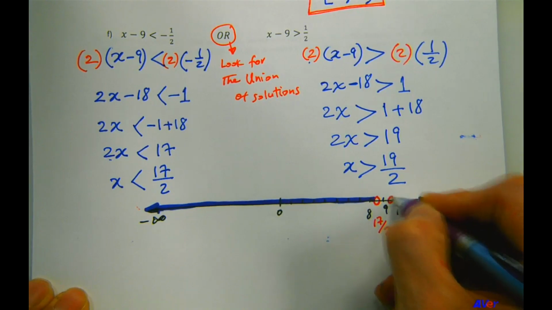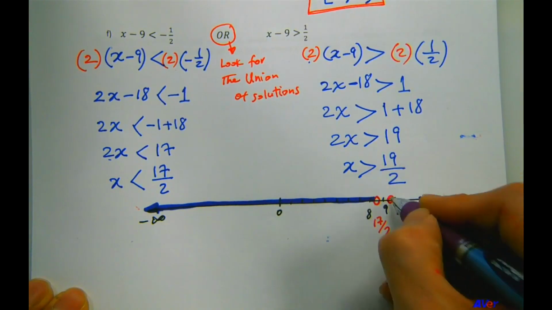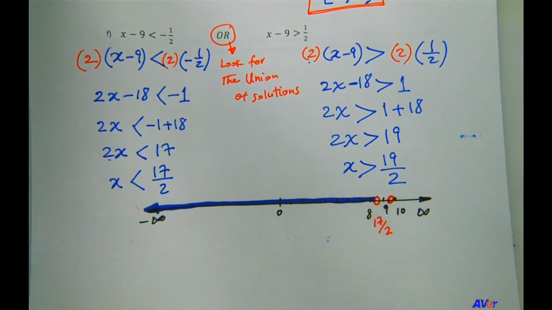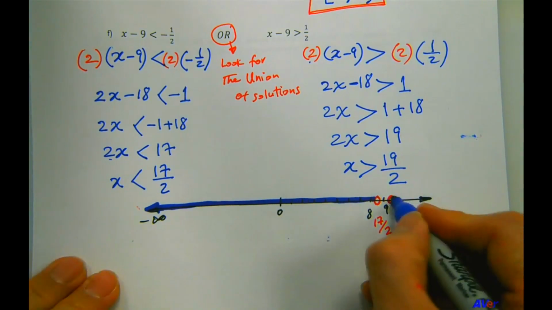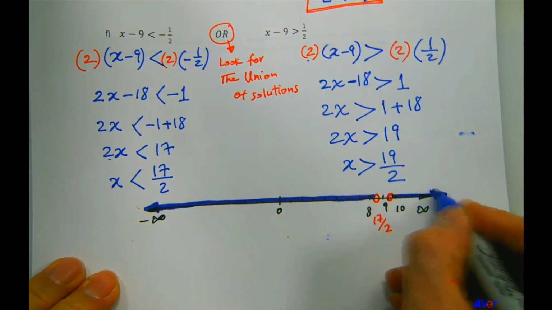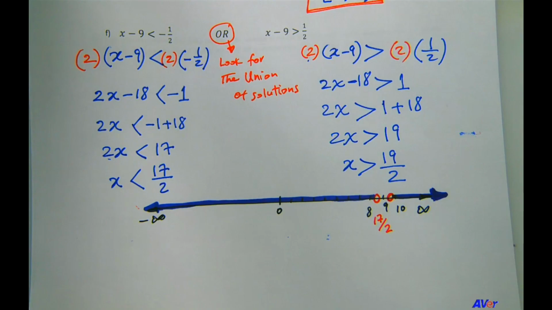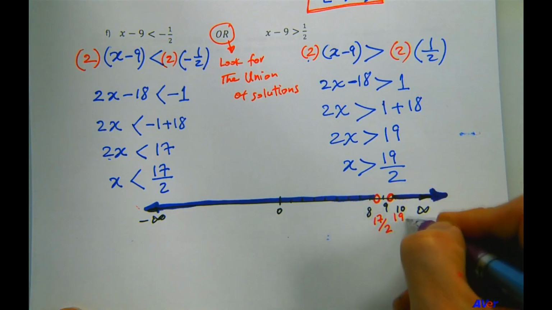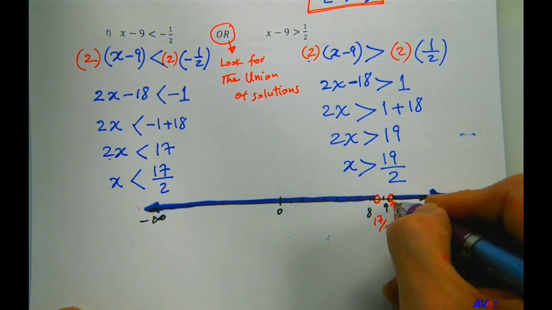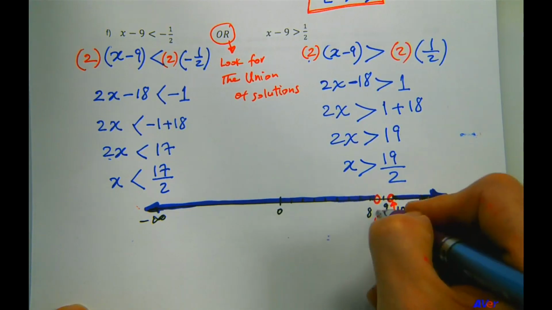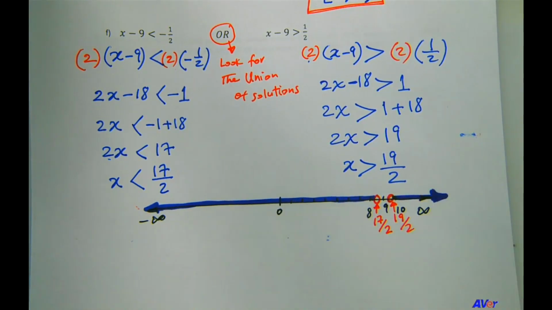And again, this is a strict inequality, so I'm going to put a hollow circle there. And anything greater than that is the solution. Like this. So that's 19 over 2, and that's 17 over 2. Okay? So that's the solution. Wherever you see the thick lines, that's the solution for this compound inequality.